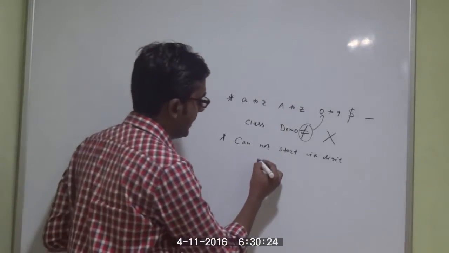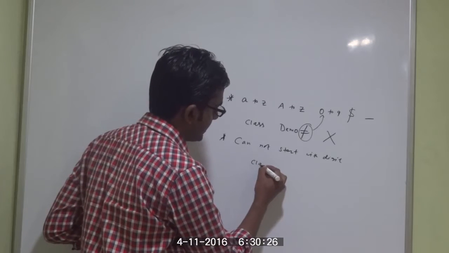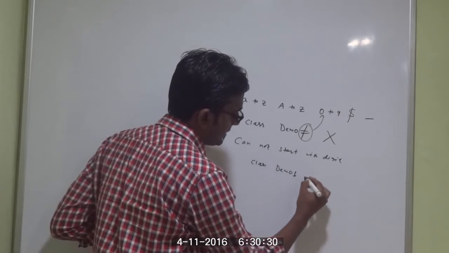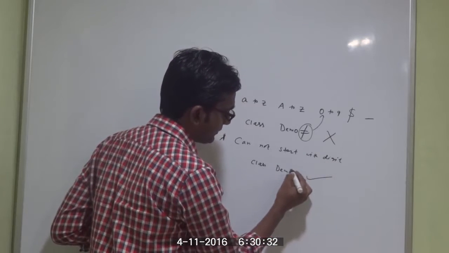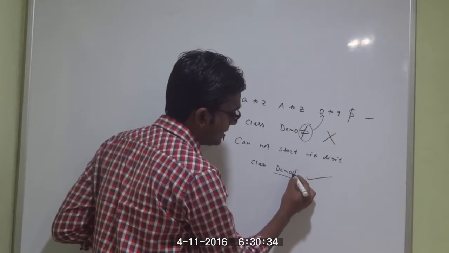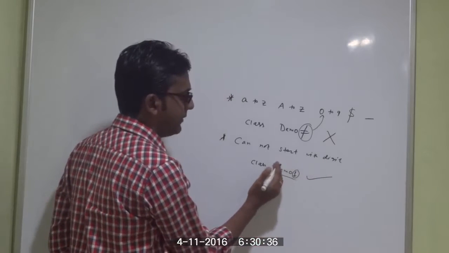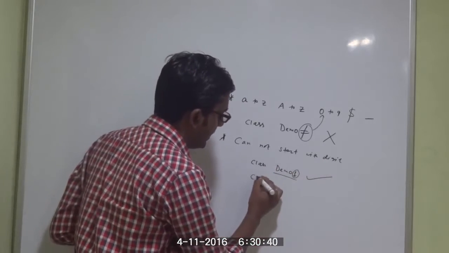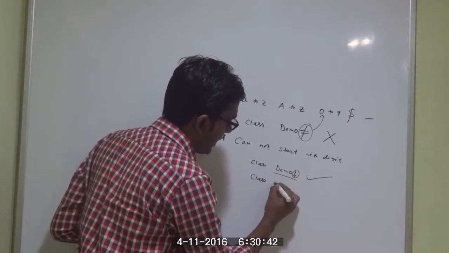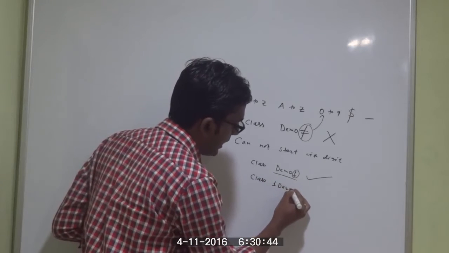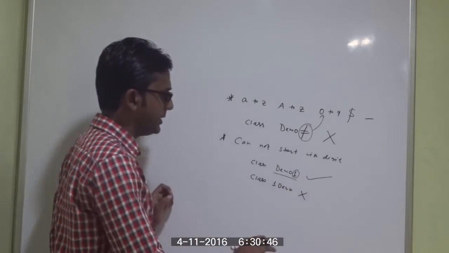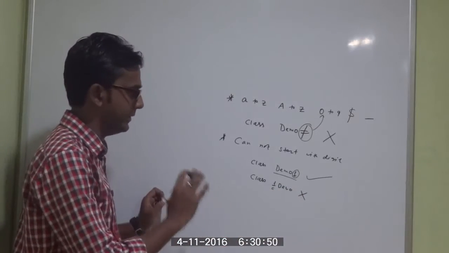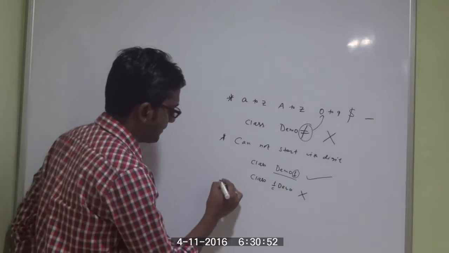For example, if I am writing class demo1, this is 100% valid because this identifier contains the digit 1, but your identifier name or class name does not start with 1. That's why it is valid. But if I am creating a class like class 1demo, this will be invalid. What is the reason? Because your identifier name is starting with a digit. This is the second rule.